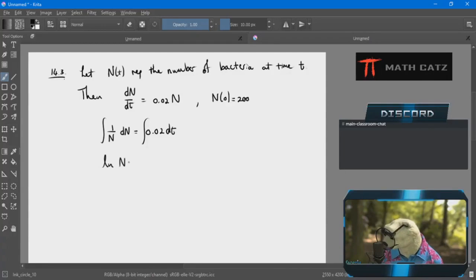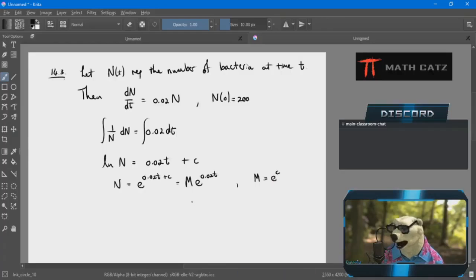So the natural log of n is 0.02t plus my constant, and therefore n is e to the 0.02t plus my constant, which I'm going to write as big M e to the 0.02t, with M being e to the c, exactly the same as before.